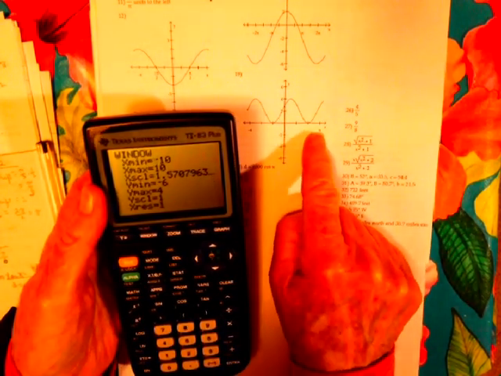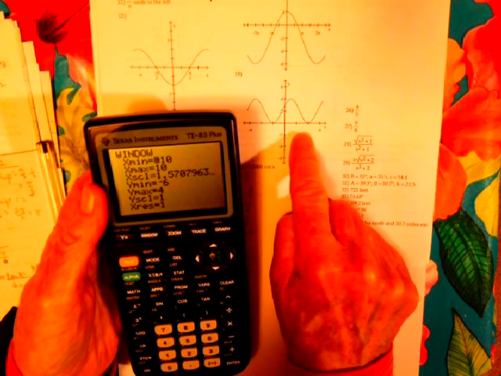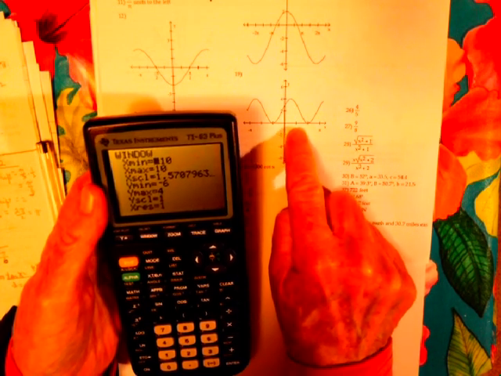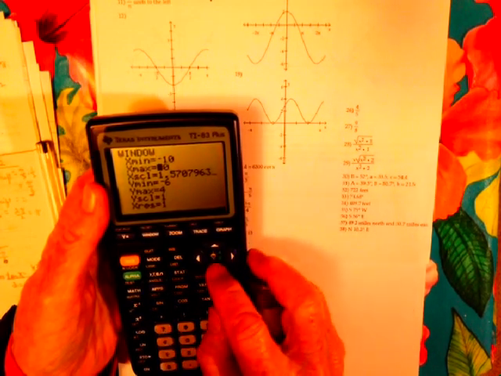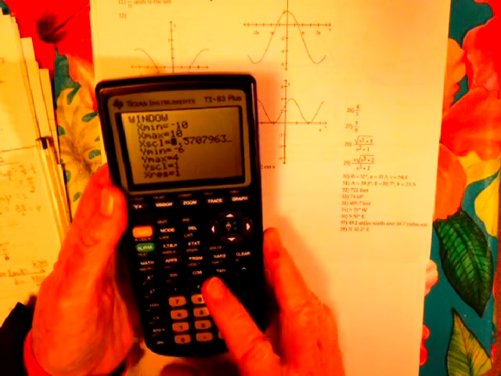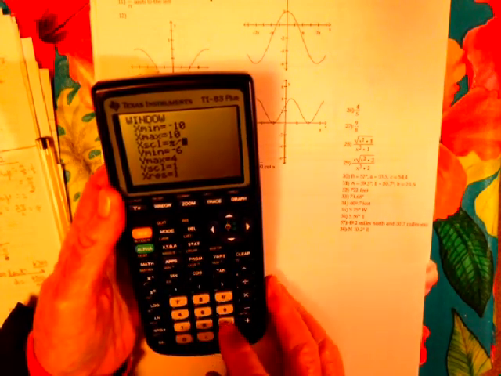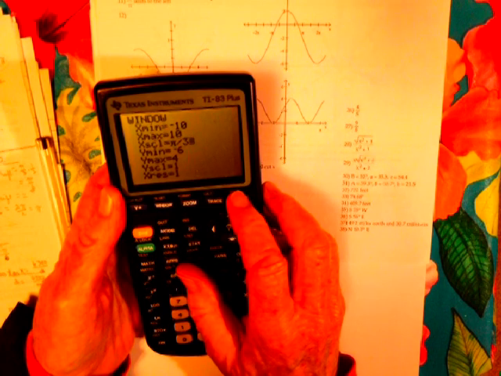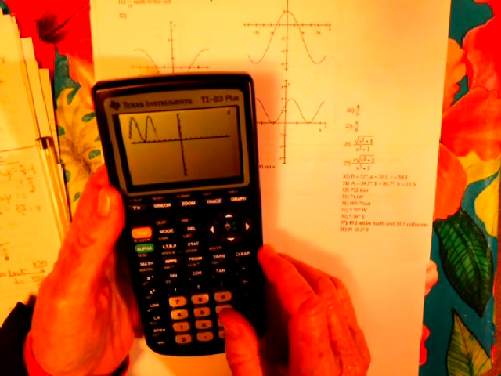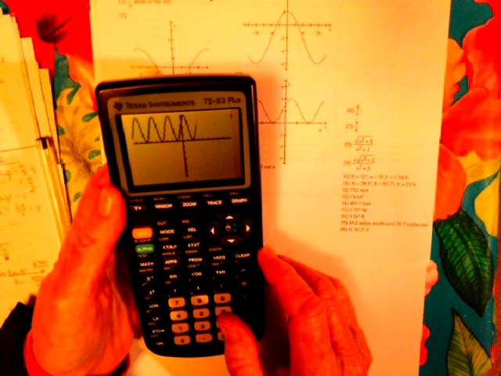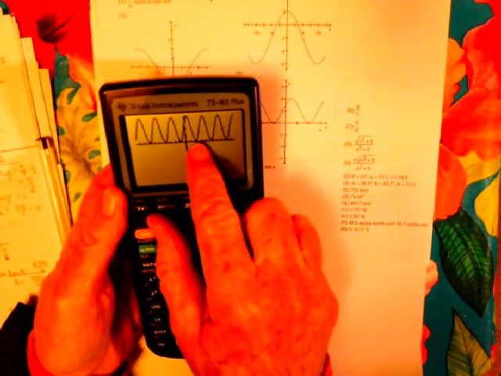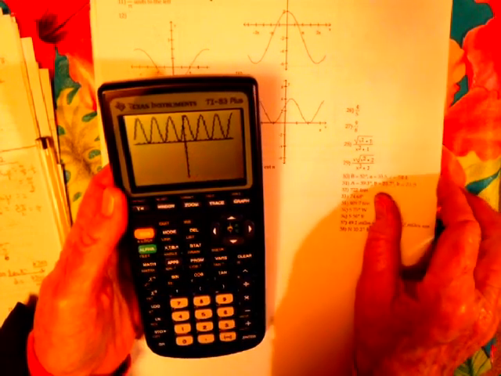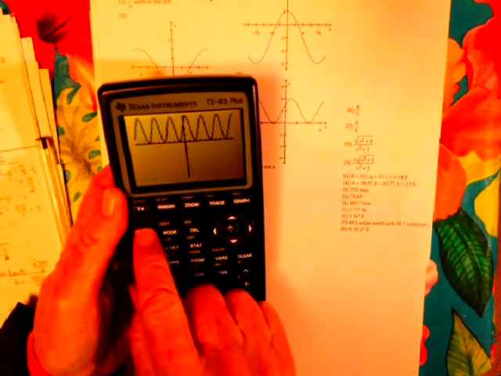Notice on this X scale that each X scale is pi over 3. I'm going down here for the X scale. I'm going to go second pi divided by 3. I'm going to see if that makes any difference in how this looks. Not a whole lot, but I can match it up. I see that first little loop matches right there on that second notch on my graph. So I'm good.